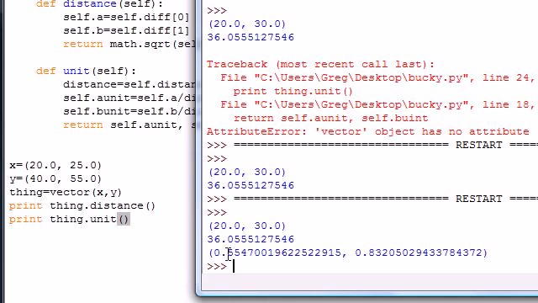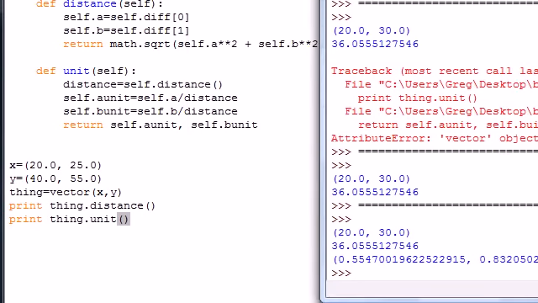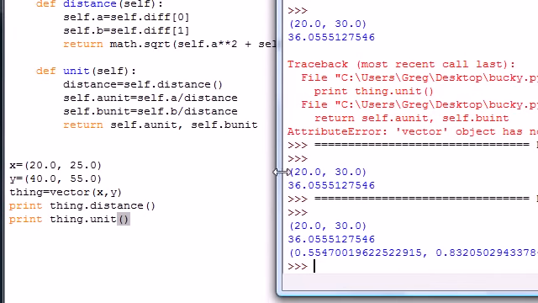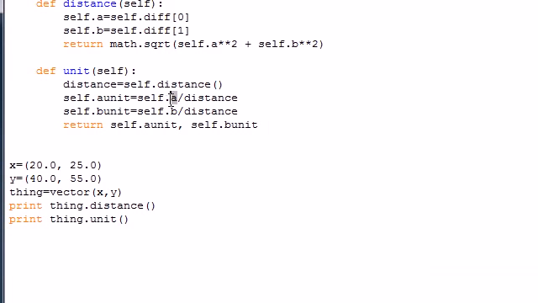In the new vector, hypothetically, if the distance was 1, it would be this. This would be the change in x, and this would be the change in y. So again, one last time, what we did is we took that side A and we divided it by the distance, or the hypotenuse, and this gave us a reduced version of, if that was 1, what would the new side equal.